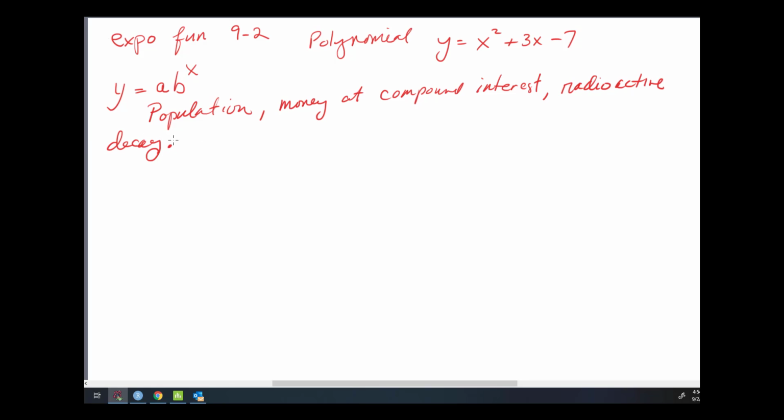Now, this is really an exponential decrease, radioactive decay, whereas population generally is growing positive. It's an increase. Money at compound interest is generally positive. It's an increase. Radioactive decay is an exponential decrease. Nonetheless, they're all exponential models, and the canonical form is y equals a b to the x.